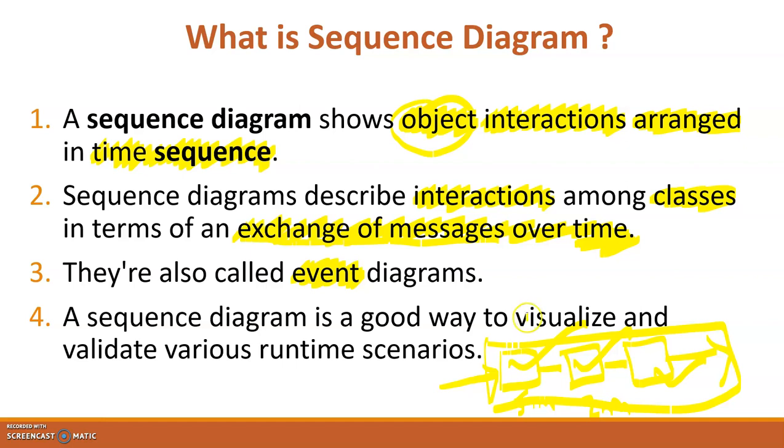Definitely, it becomes very easy to visualize how things will actually happen in real. We can easily visualize this through the sequence diagram, and also we can validate certain points and scenarios, like whether it is really possible to do, or whether we need to validate this thing. So all these things we can easily understand through the sequence diagram.